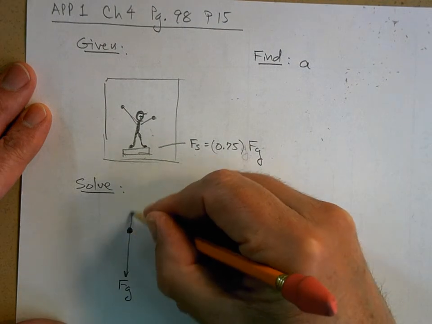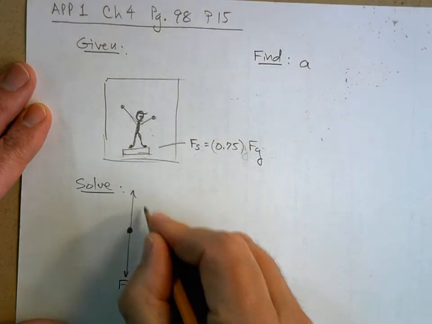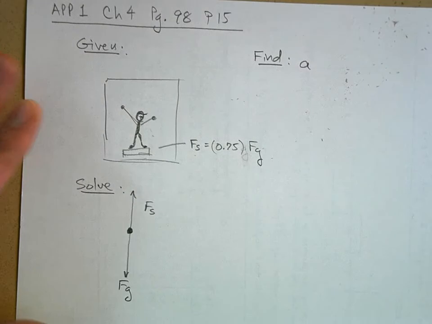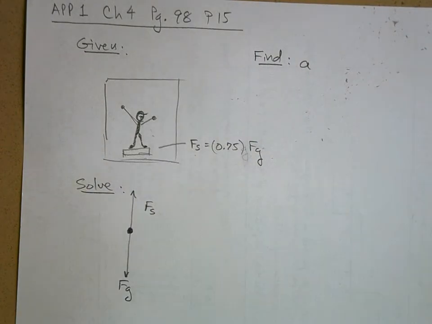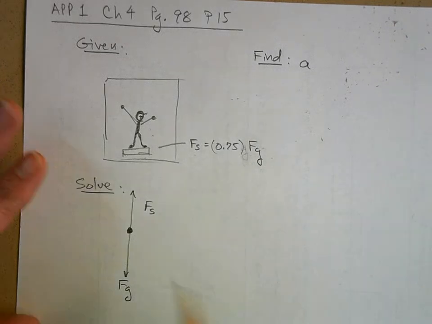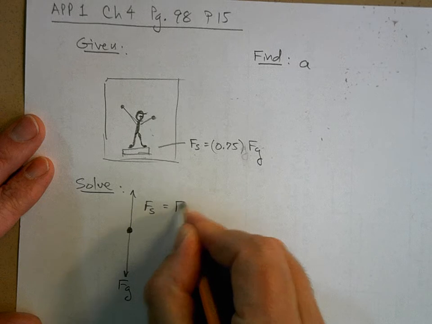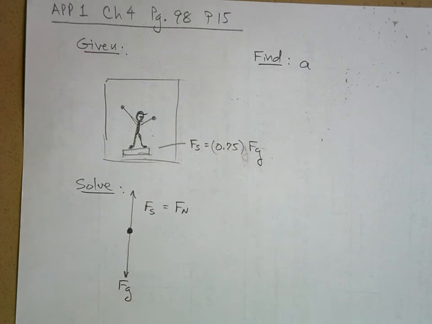And this is the force measured by the scale. Now, you can call it a normal force. Spring scales measure the normal force between your feet and the scale. So if you called this the normal force, that is perfectly fine with me. Just make sure you know that bathroom scales measure normal force.